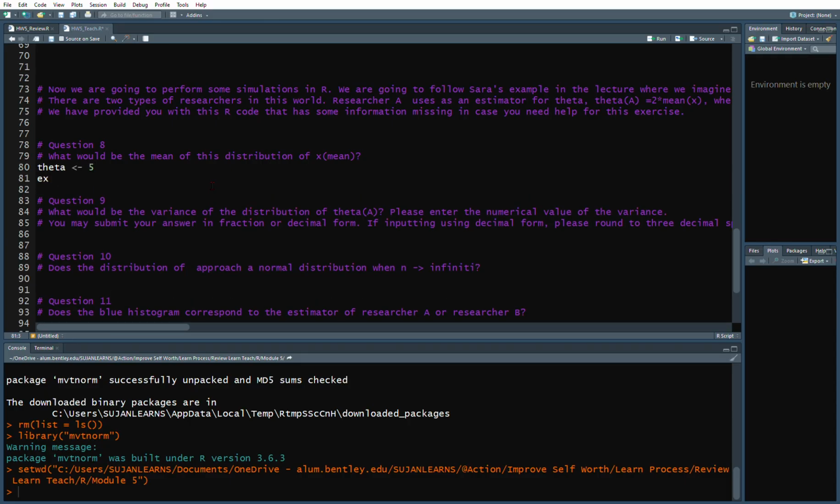Experiment size is the size of the experiment we are going to run.